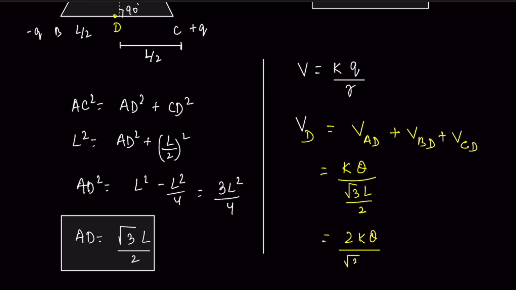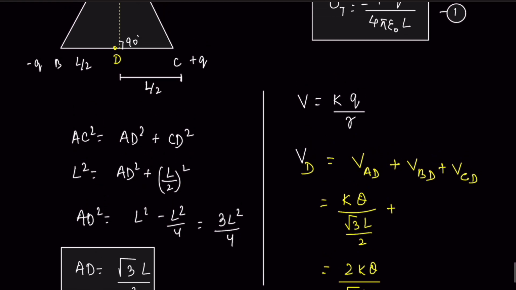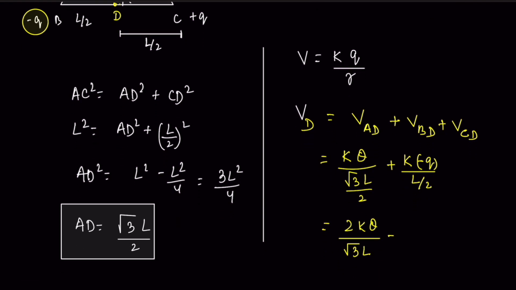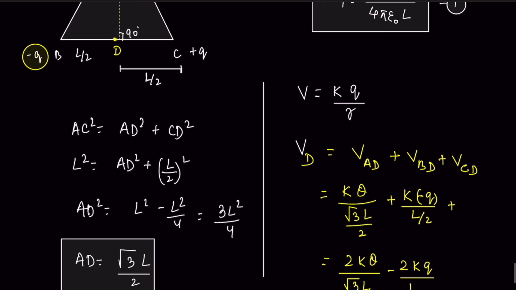So we can write it as 2K capital Q by root 3 L. Now in the second part, BD: B has minus q charge, so we can write K minus q, and the length is L by 2. So we can write it as minus 2Kq by L. Plus CD: C has plus q charge, so K into plus q divided by the same length L by 2.